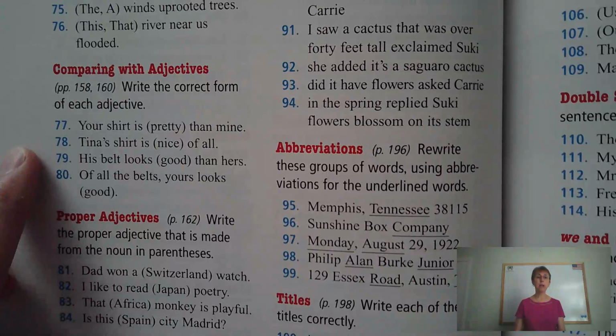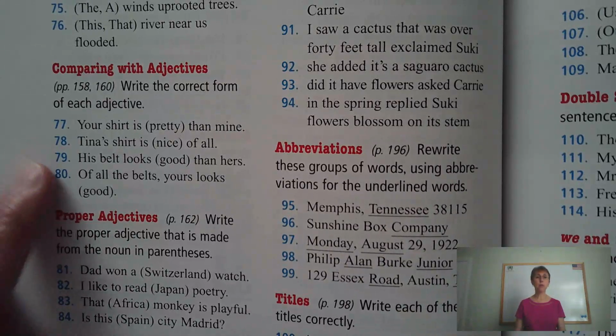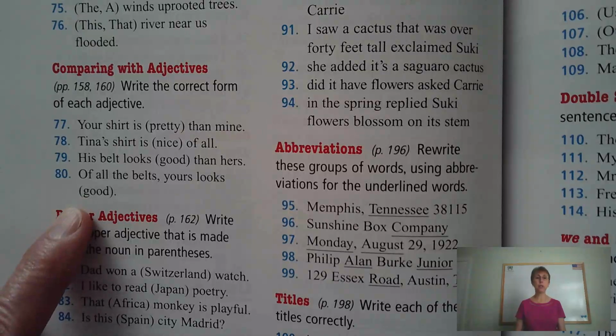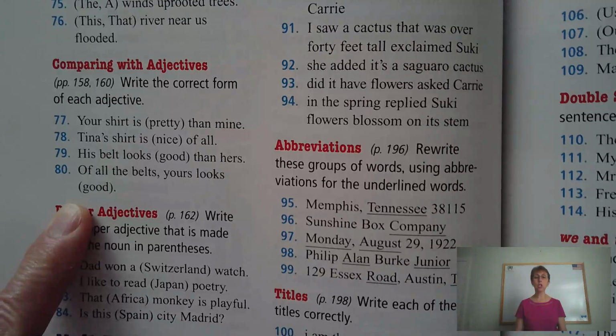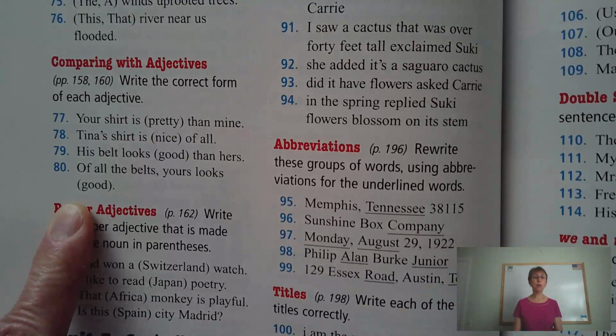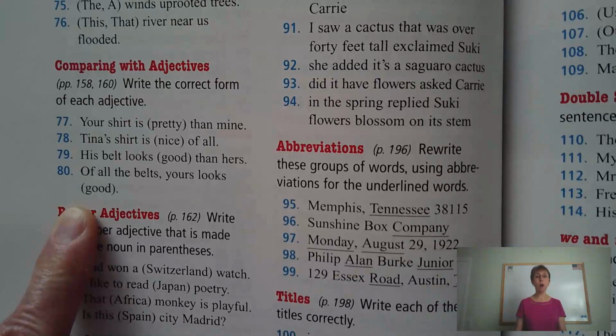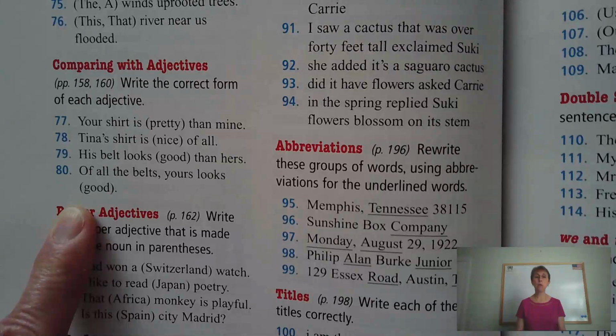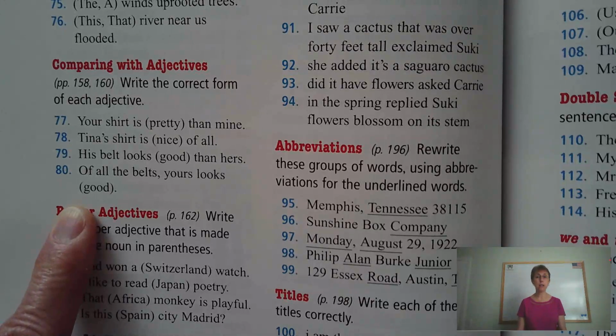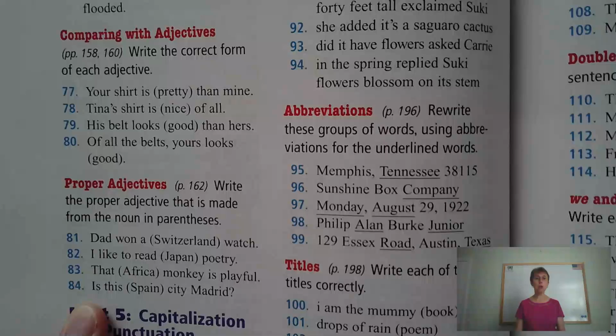Next one, comparing with adjectives. Write the correct form of each adjective. If we look at the example, "Of all the belts, yours looks good," using a form of good, it becomes "Of all the belts, yours looks best." Remember, it's good, better, best. Okay, proper adjectives.